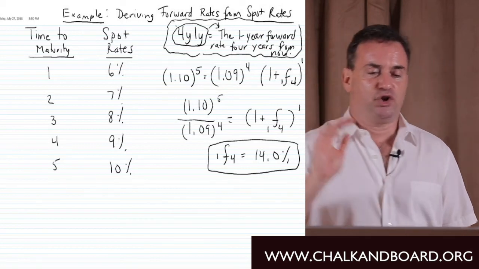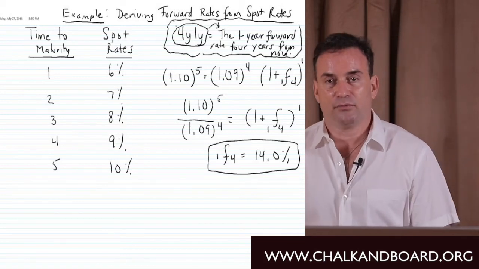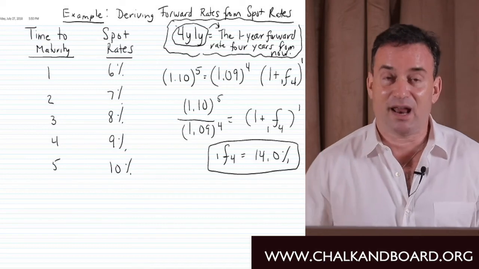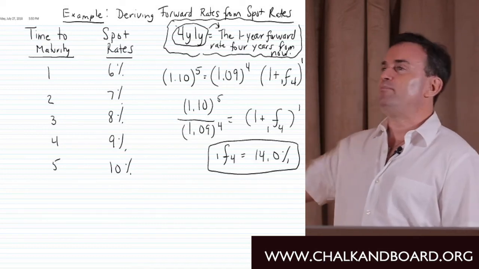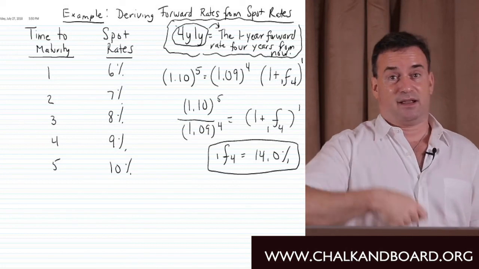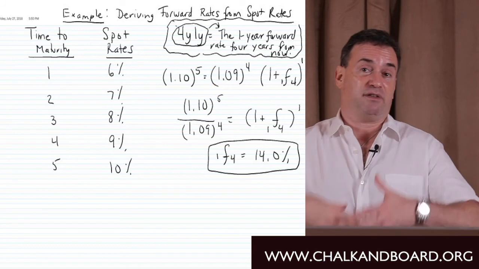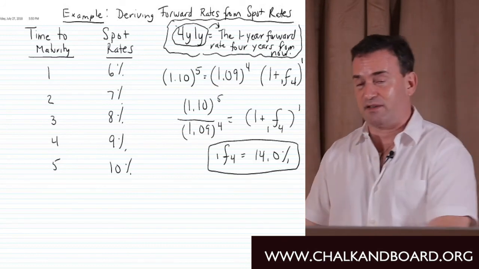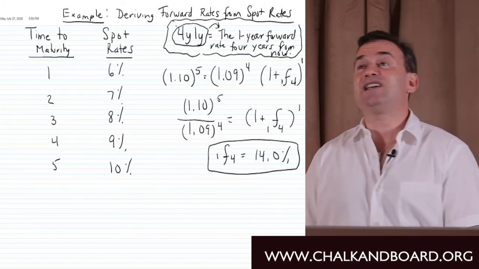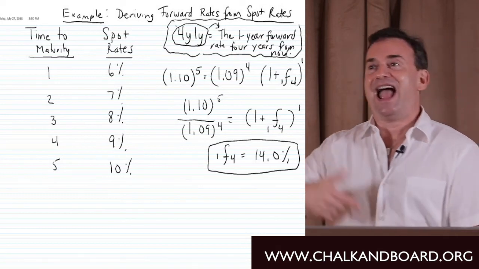I could invest in a 2-year bond, and how much would I earn? I would earn 7%. Fantastic. I have another alternative. If I believe in the pure expectations theory of interest rates, which basically says that a forward rate is nothing more than a future expected spot rate, I could do what? Instead of investing in a 2-year bond today, earning 7% per year for 2 years, I could invest in a 1-year bond today, earning 6%, and then what would I do?